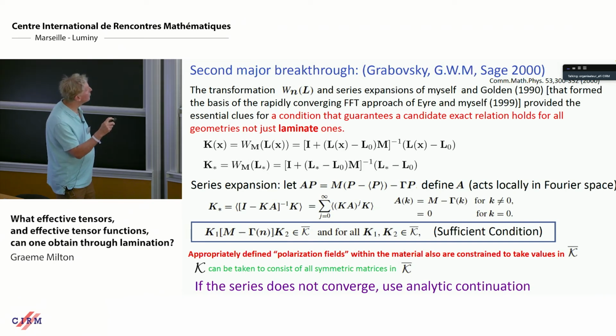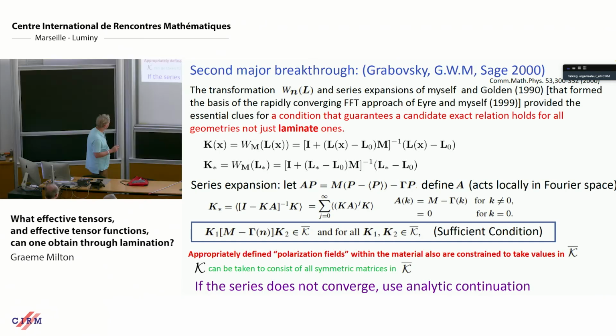It looks more or less exactly the same as the ones for laminates, except you've got a K1 and a K2, whereas before these were the same. So there's a slightly different condition, and it always seemed to be the case that if the first condition was satisfied, then condition 2 was too. But actually, he came up with an example using quaternions that showed that they were actually different in some cases.